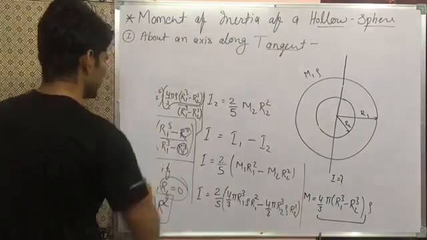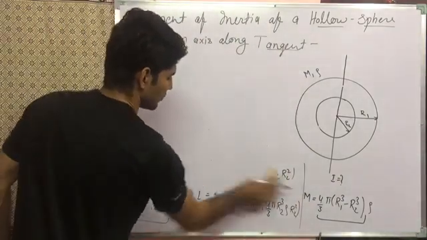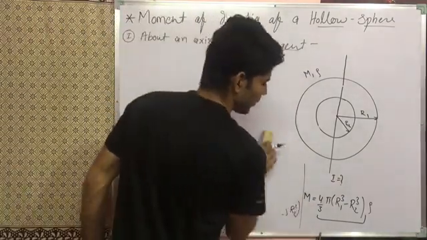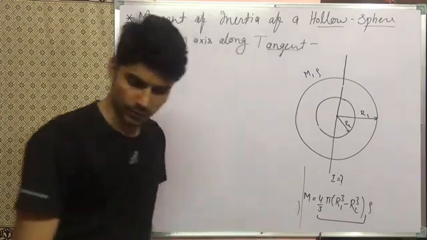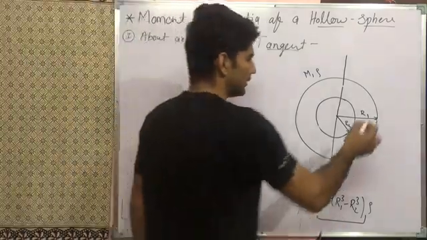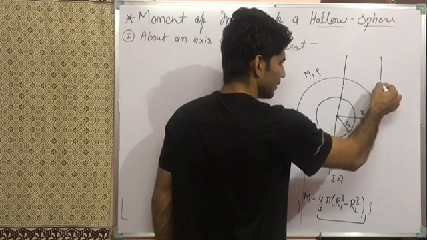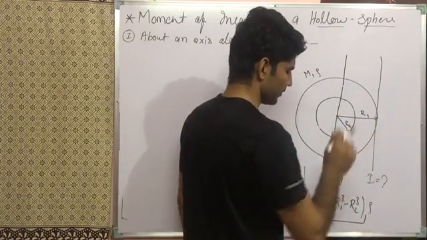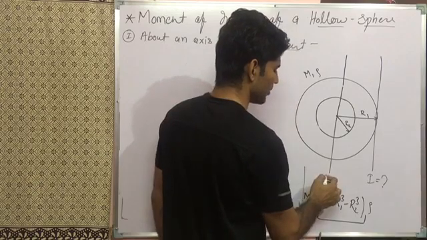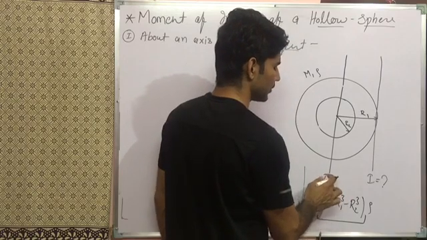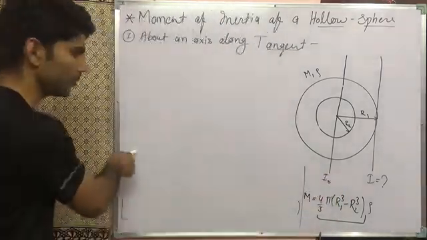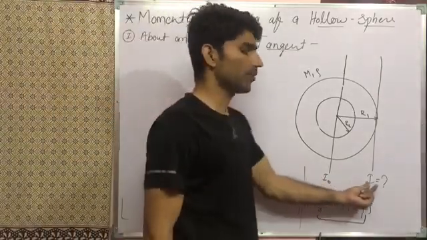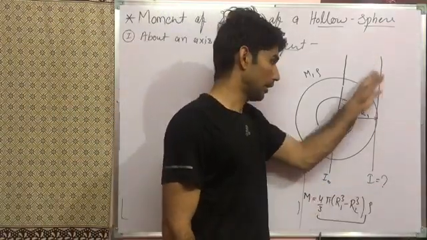I clean it first, and I just tell you this is the axis about which we will determine the moment of inertia. I can write the moment of inertia about this axis as I naught, which we derived here, and in this case we will derive the moment of inertia about this axis, or along the tangent.